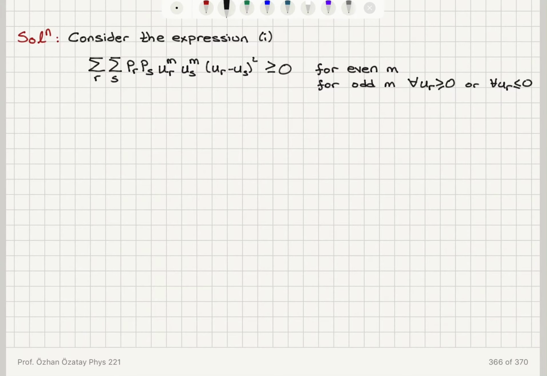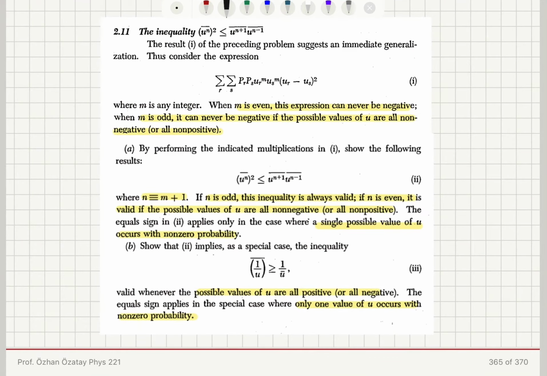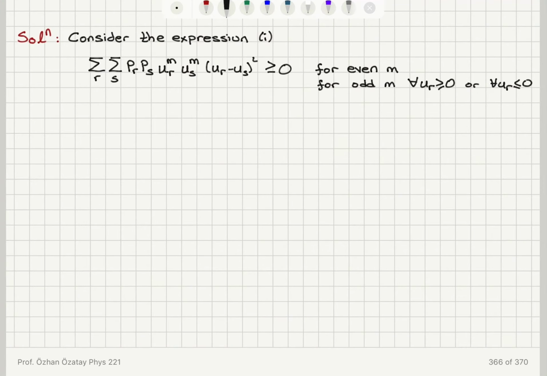So basically the statement is that the possible values of u are all non-negative or all non-positive, which means they are all positive or all negative. Then this inequality will hold.